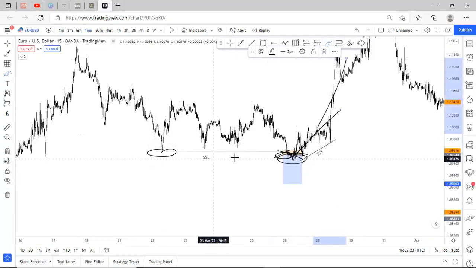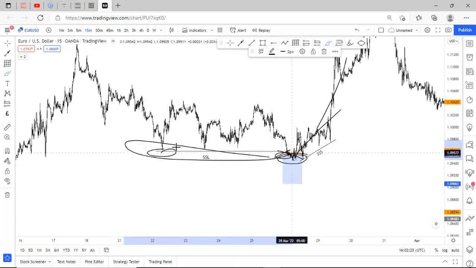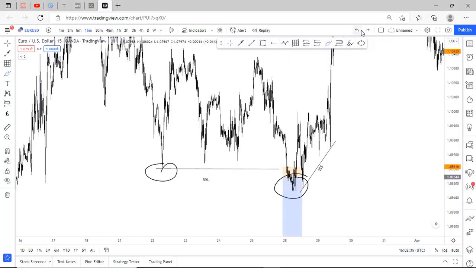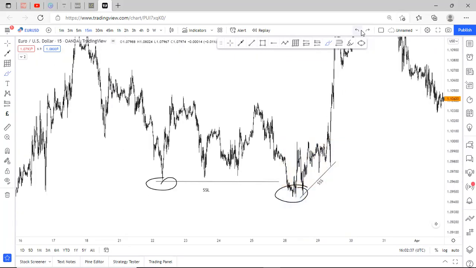Okay, so this is what we call the sell side liquidity. The money resting below this support zone or this last low was grabbed and market pushed up. Okay, so this is sell side liquidity.